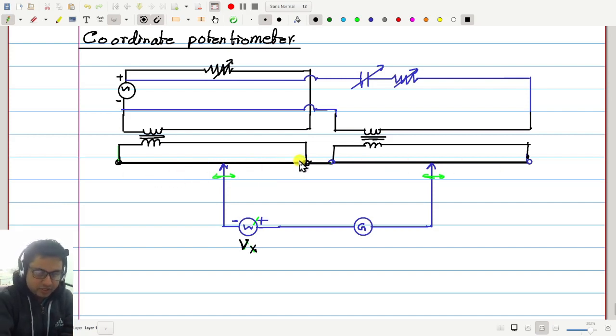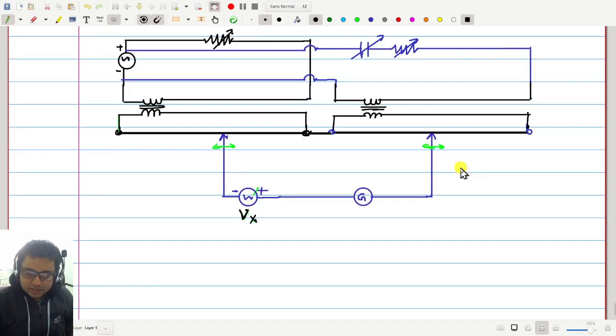Suppose we need 1 volt per millimeter or so. How do we ensure that? That is one thing. Secondly, how do we ensure that this voltage and this voltage are 90 degree out of phase?